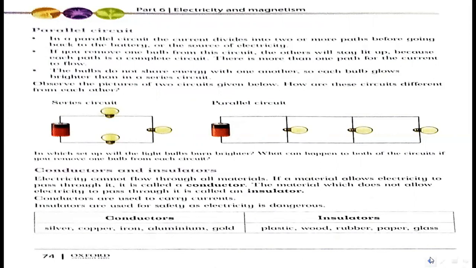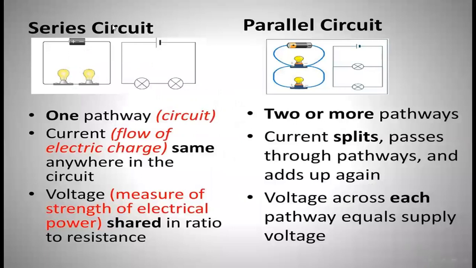So let's discuss. In series circuits, there is one pathway, but in parallel circuits, there are two or more pathways. In a series circuit, the current, the flow of electric charge, is the same anywhere in the circuit. In a parallel circuit, the current splits, passes through pathways, and adds up again.